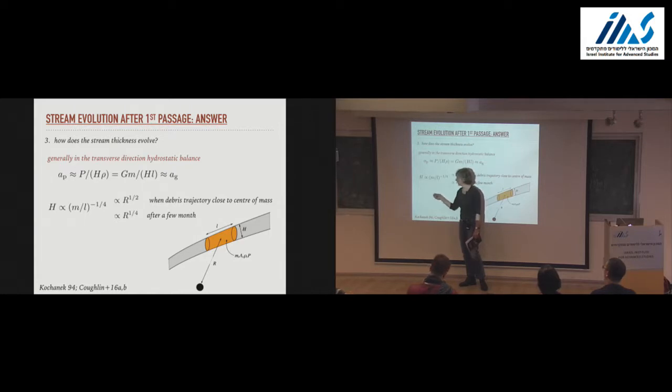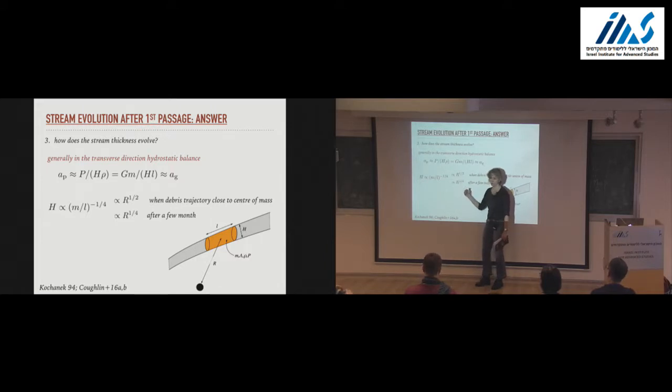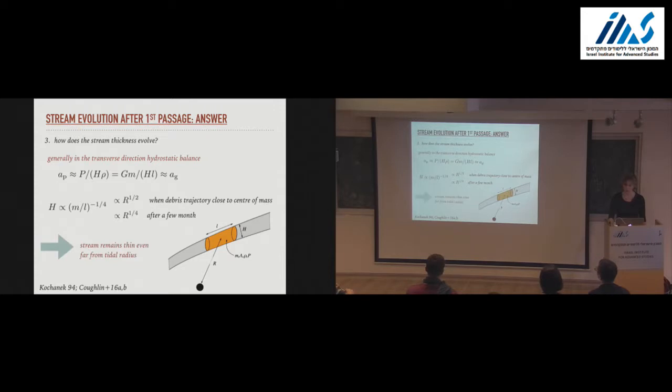Yes, so you say it's thick when H is proportional to R. But you see that it evolves sublinearly. So in fact, the streams, after they leave pericenter, remain quite thin, confined.